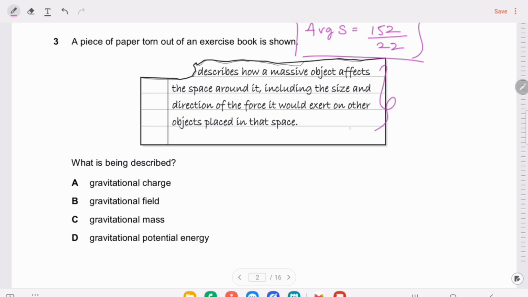Now this is the definition of the gravitational field. A gravitational field describes the region around a mass where another mass experiences a force. Suppose this is the Earth, and whatever force is there, this is called the gravitational field. So a field is basically a region where a force can act.